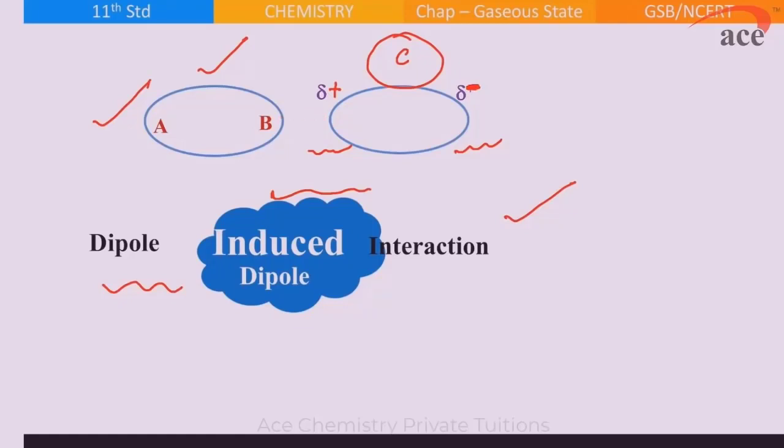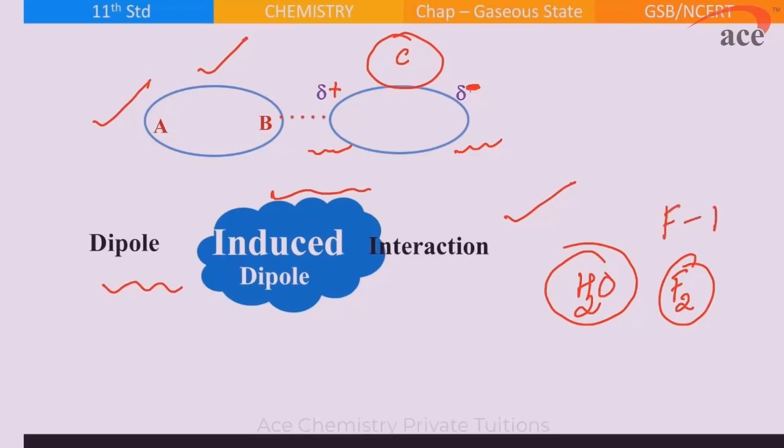Now if you ask me, can you give me an example of such a type? Well, yes, you have a polar molecule like water, and you can have a non-polar molecule like benzene or F2 or methane. So water is going to have polarity, its dipole moment is not zero. This molecule is non-polar, which means what?